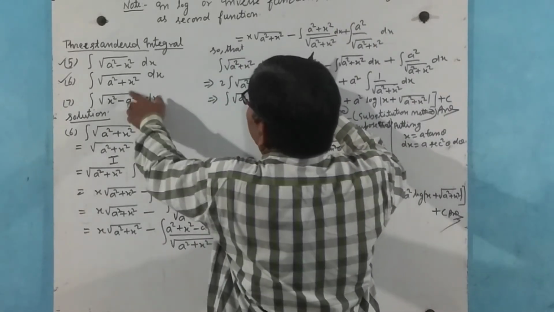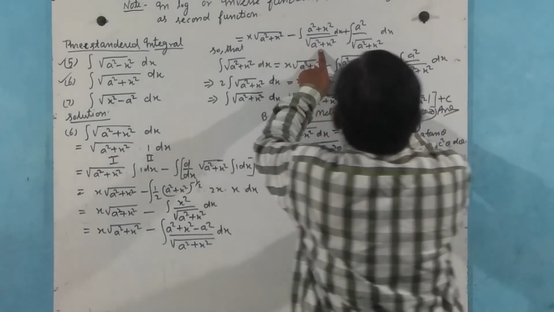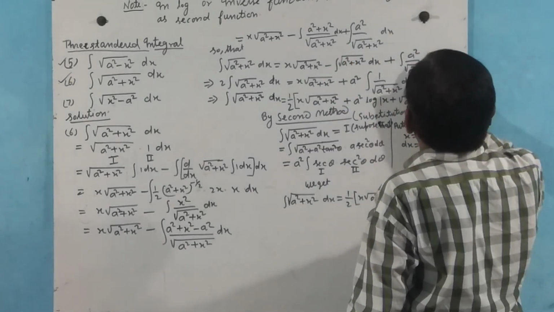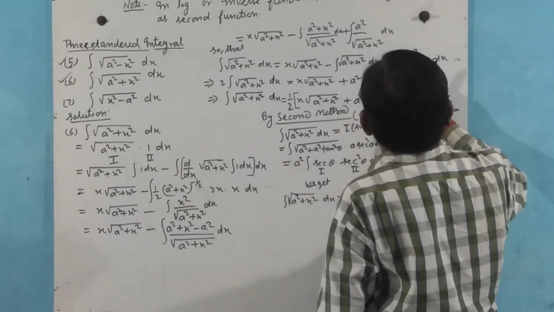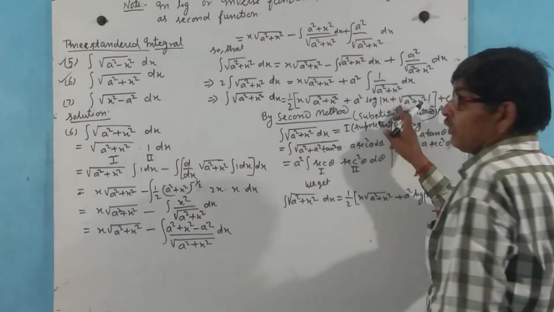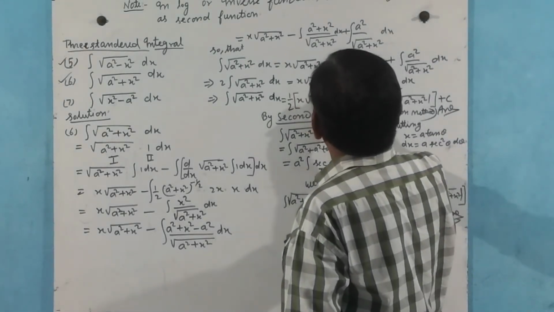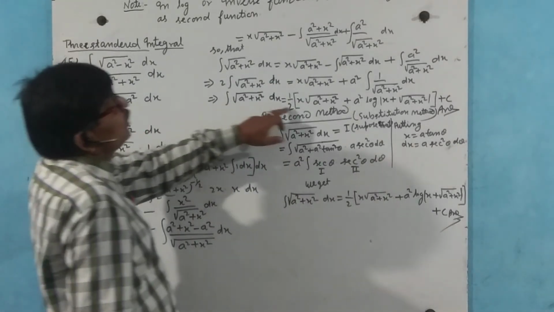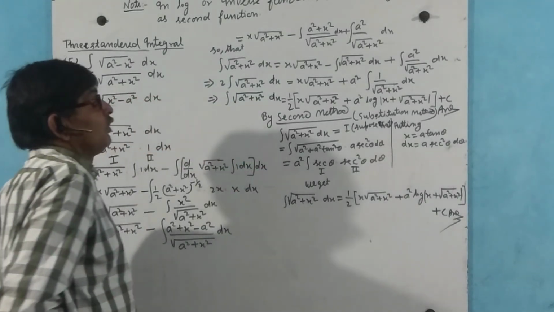Now our integration is this, and this is the first term, and these terms will be this type, and a square integration of a square divided by this a square comes here, and this is under root a square plus x square, integration of this is log x plus under root a square plus x square, and this x root 2 and 2 comes here, so that integration of this is equal to this. C is the integrating constant. This is our answer.